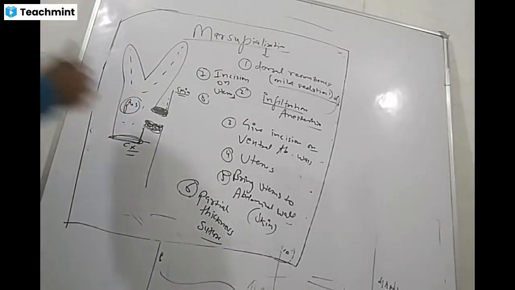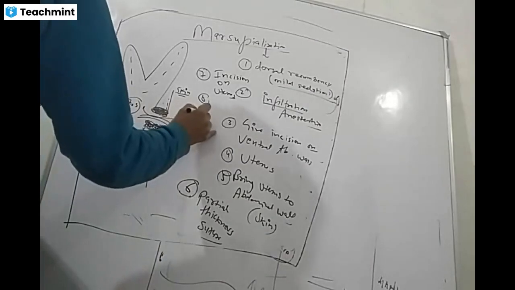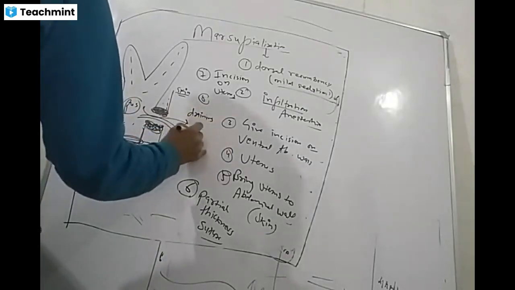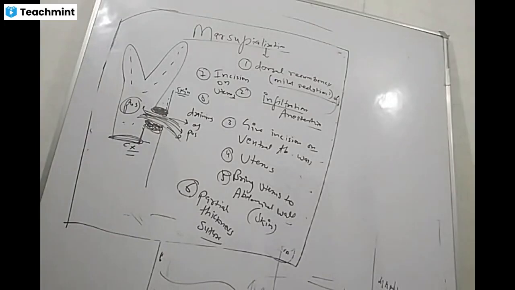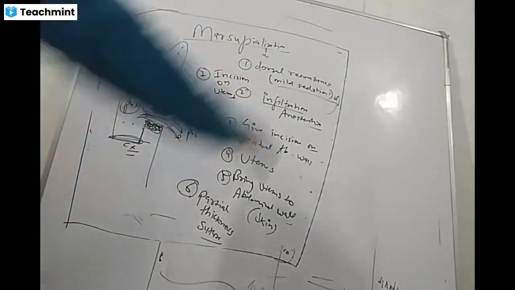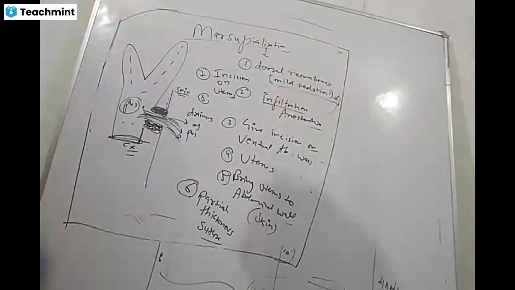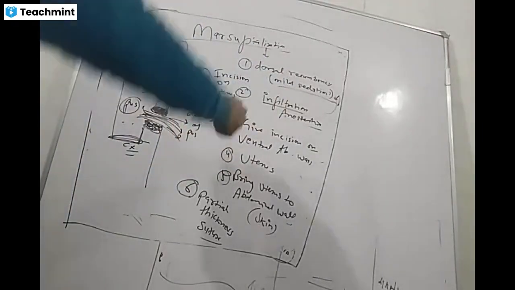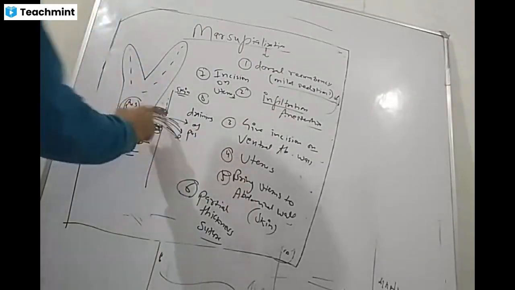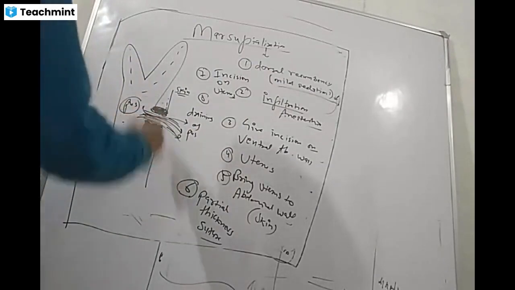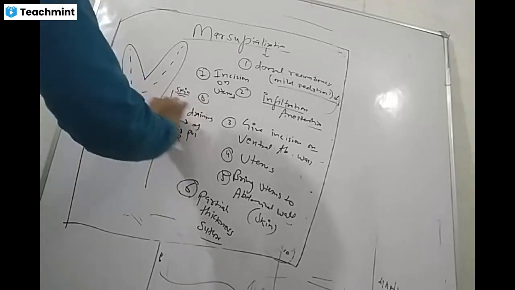Now what will happen? The pus will come out. The last step is draining of the pus outside. So this is how marsupialization is carried out. Place the animal in dorsal recumbency, infiltrate local anesthesia, then make an incision on the skin, then bring the uterus near the skin, then suture it with the skin, and after this make one incision on the uterus so that it will become a common passage.